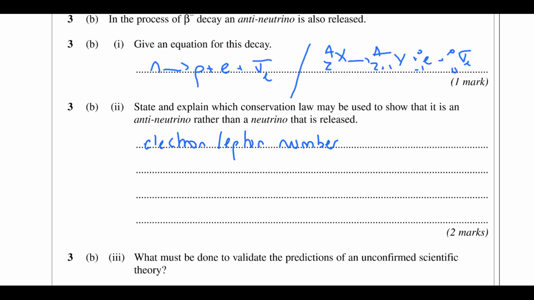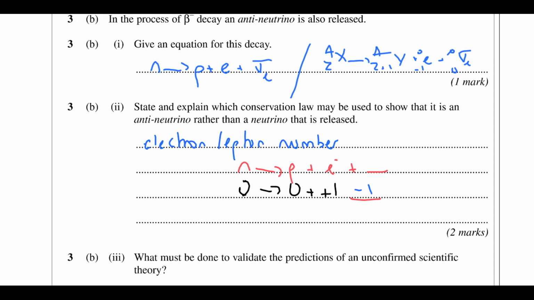So let's just write out the decay there so we can attach numbers to it. Plus blank. So before the decay, we've got an electron lepton number of 0. We've got a proton, with a number of 0. An electron has an electron lepton number of +1. So therefore, you must have a -1, which means you've got an anti-neutrino there.